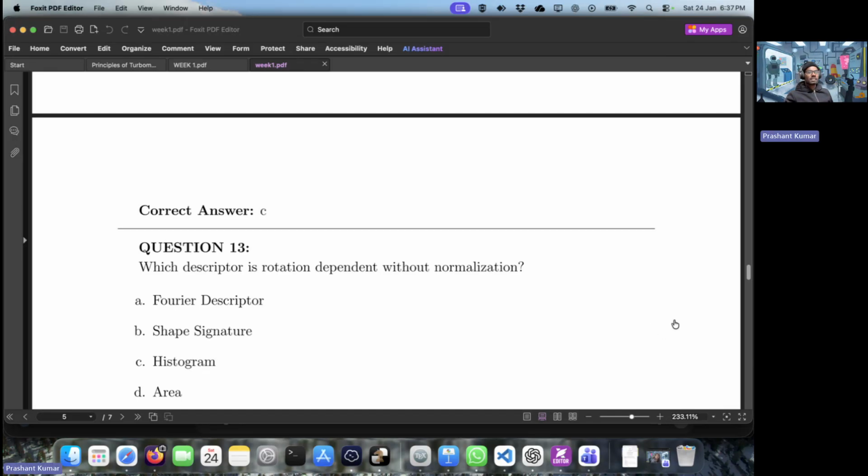So basically, we don't do any kind of normalization. We just find the centroid and then we rotate it around that centroid for all the 360 degrees.